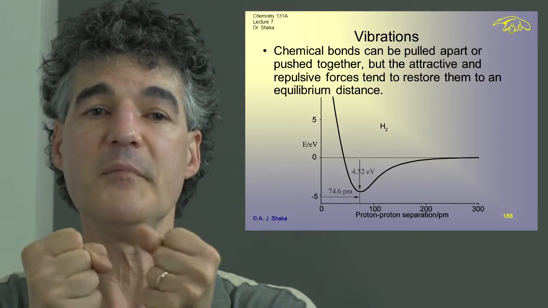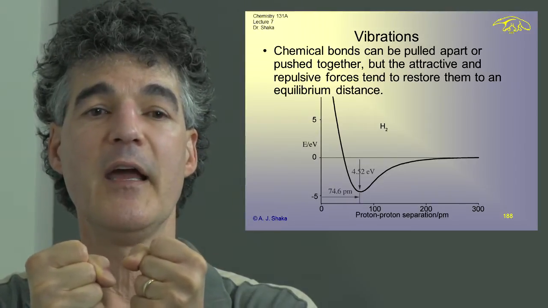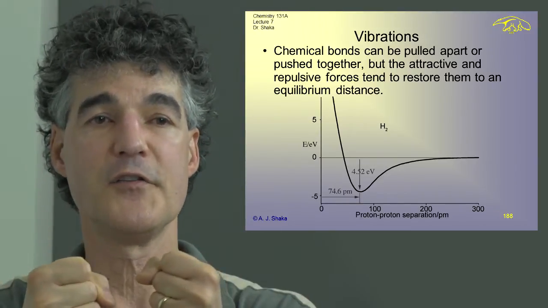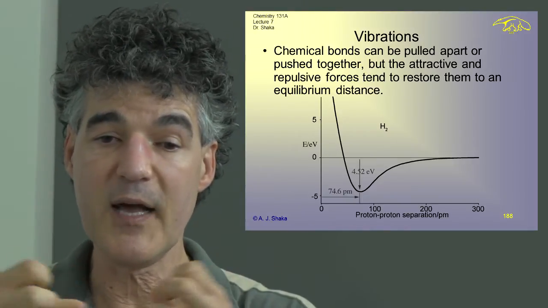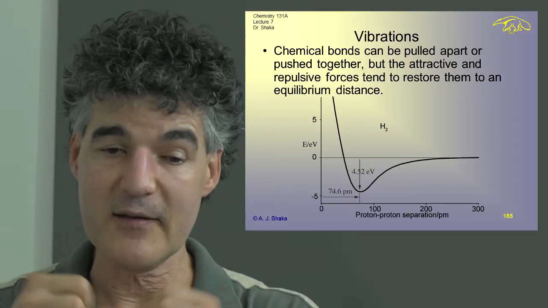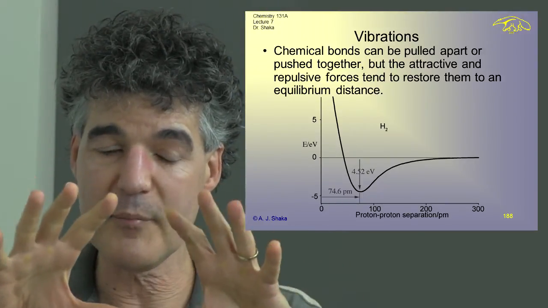And then we freeze them, even though we know they can't be frozen by the uncertainty principle, and we calculate the electronic energy. And if the protons are too close, they tend to repel each other, plus the electrons, the orbitals are too close together, it's not optimum.